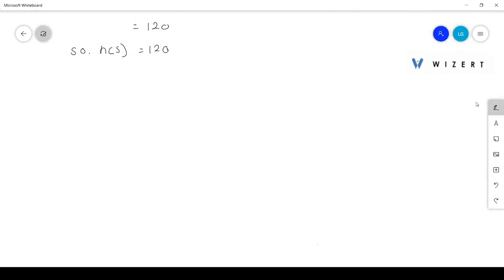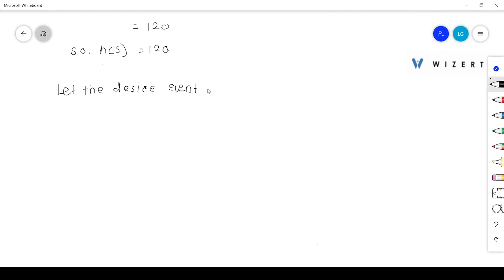let the desired event be denoted by E. So E is the event of getting 1 green and 1 red ball.